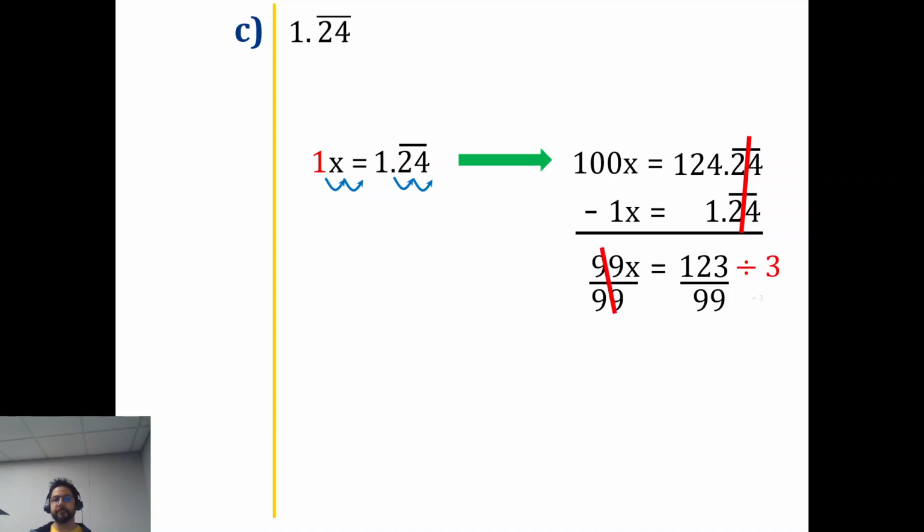So if I do that, what do I get, though? Some of you know it. If you really don't know, you can go off to the side, to the margin, and do your division. But to save time, just go ahead and write down a 41 over 33. Now remember, this is a fraction. We want the fraction. We don't necessarily want the mixed number. Our goal today is to change a repeating decimal into a fraction.